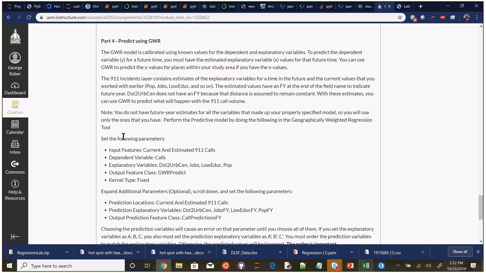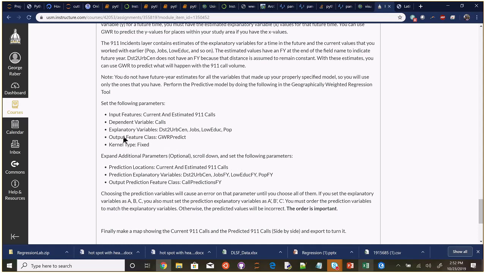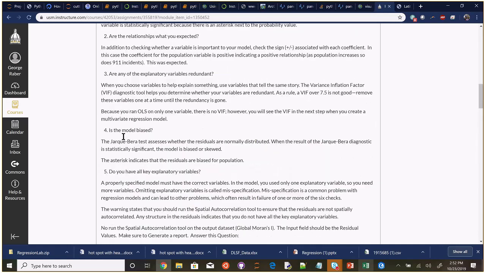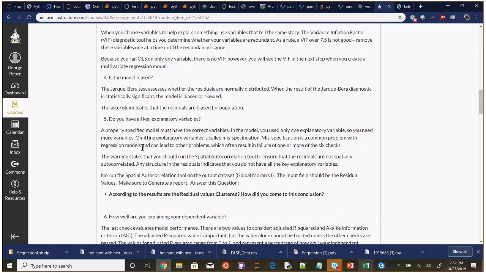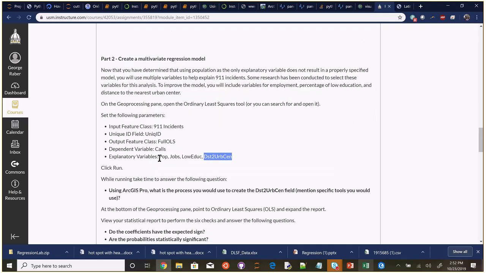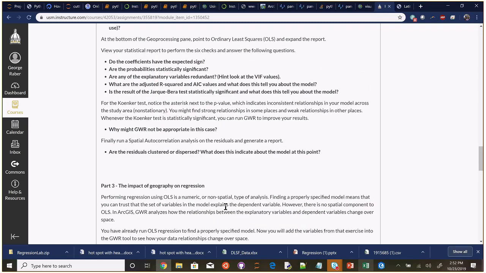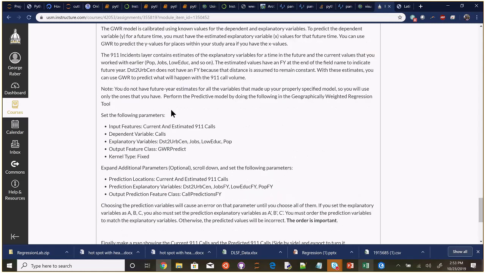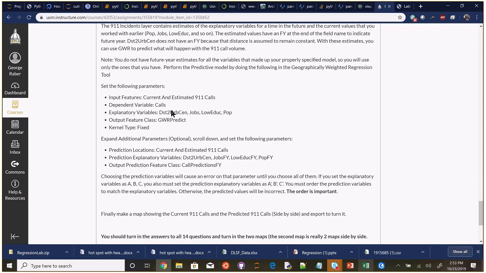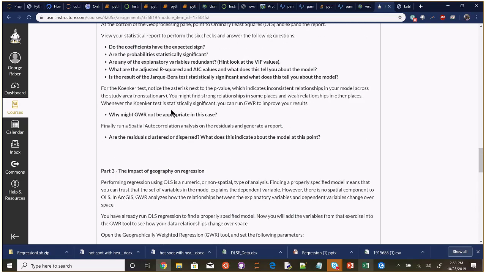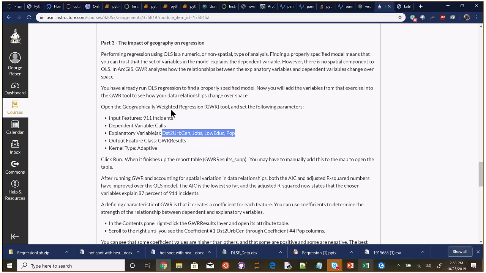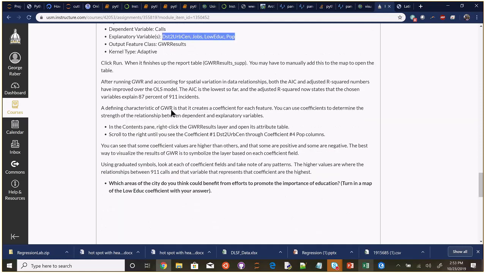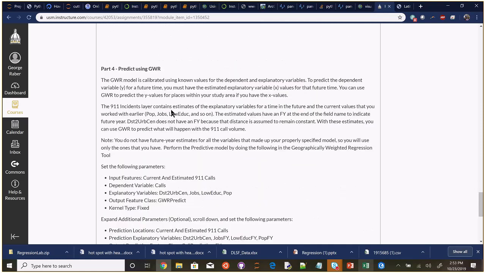That's questions. All right. So basically, you're going to run 3 different regressions. You're going to run one, the one that we already ran. You're going to run one with all of these variables, and then you're going to run one with all these variables, which are the same variables, but you're going to do geographic weighted regression.